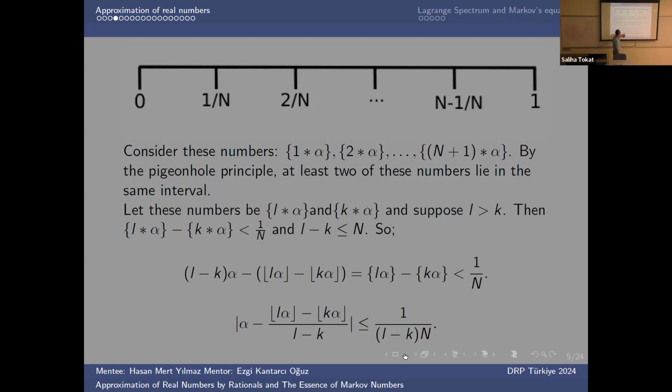If we divide by L minus K, we get alpha minus the integer part of L alpha minus the integer part of K alpha, over L minus K, which is smaller than 1 over n times L minus K. If we choose P as the integer part of L alpha minus the integer part of K alpha, and L minus K as Q, then we obtain the absolute value of alpha minus P over Q smaller than 1 over Qn. So this is the result.